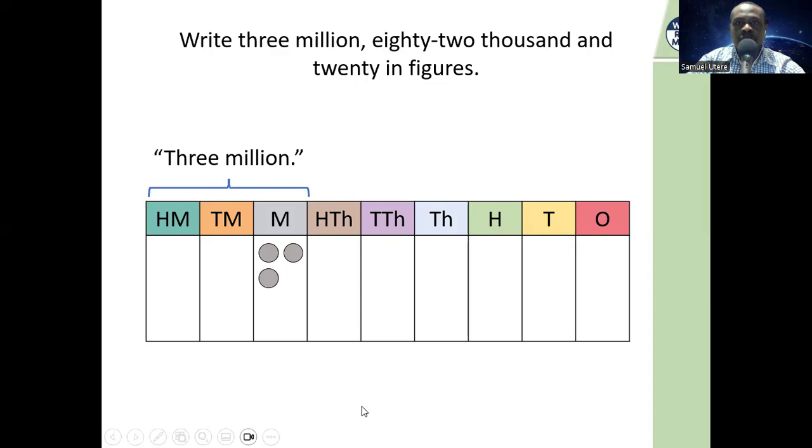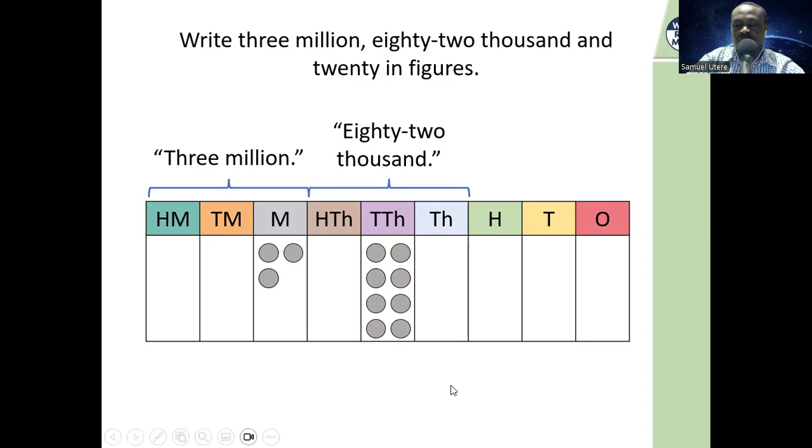Then next we have 82,000. Have you noticed 80 sounds like we have tens? So we have 8 tens of the 1,000, and then we have 2 of the 1,000. So we don't have hundreds thousand. I'm beginning to think that you may have figured out what we're going to put there. We're going to put a placeholder, which is 0. Don't worry, we'll come to that. So this is what we'll get.